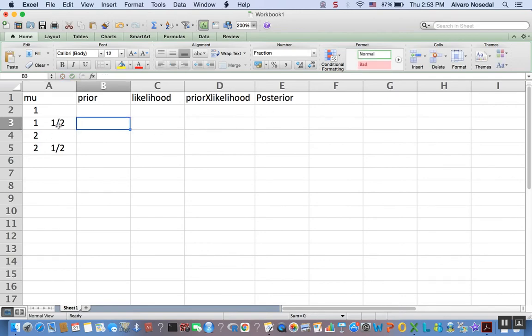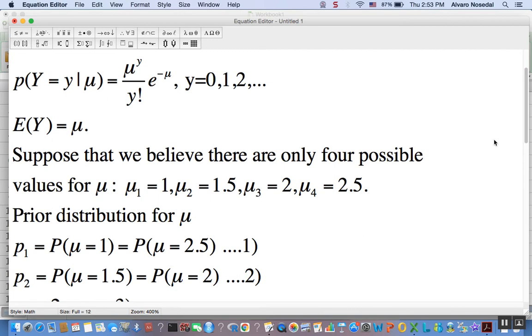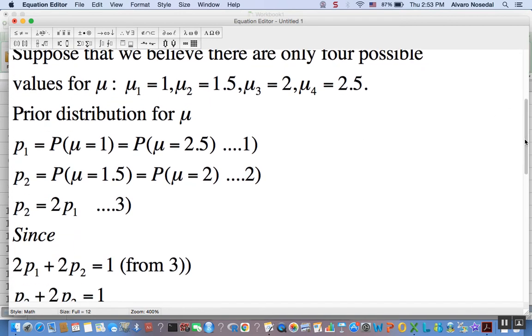Okay, so our prior is going to be, given the conditions that we said we had, right? We said that we considered that these values were equally probable, and these values were equally probable, but that the relationship between them was that mu1 and mu4 were not as likely as mu2 and mu3.